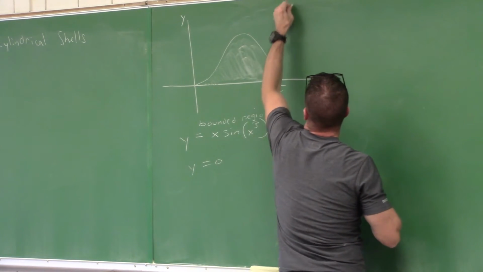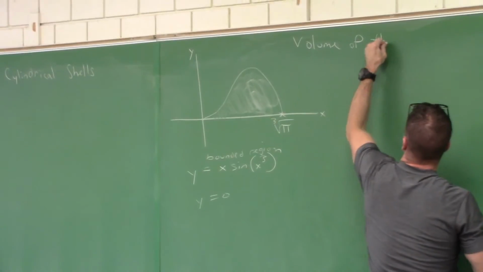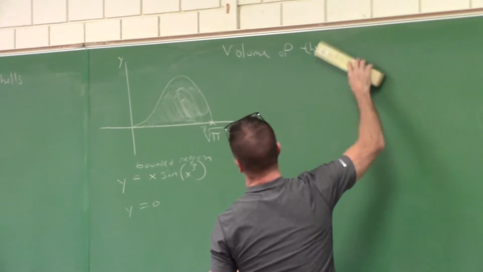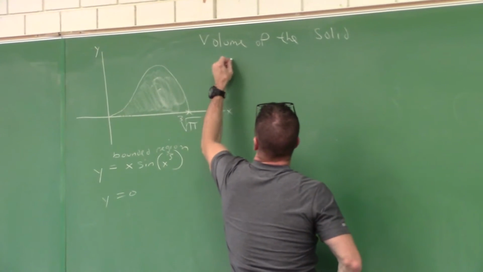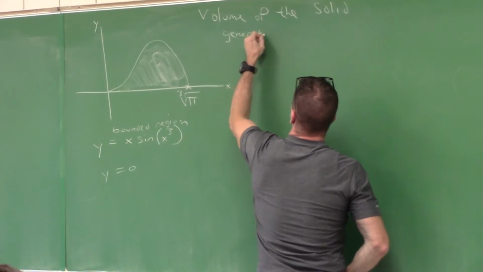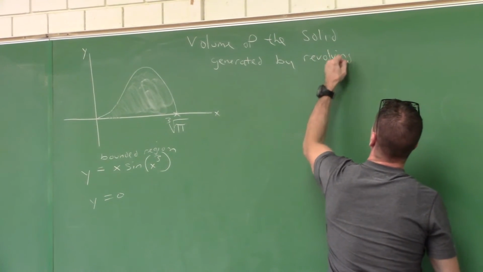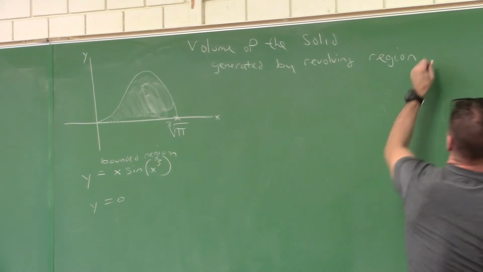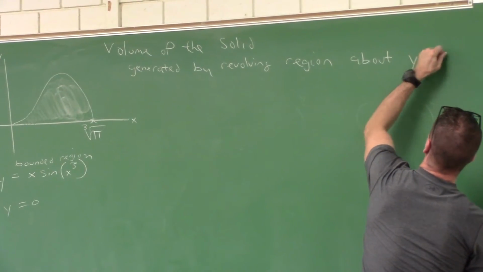Let's find the volume of the solid generated by revolving that bounded region that we just mentioned about the y-axis.